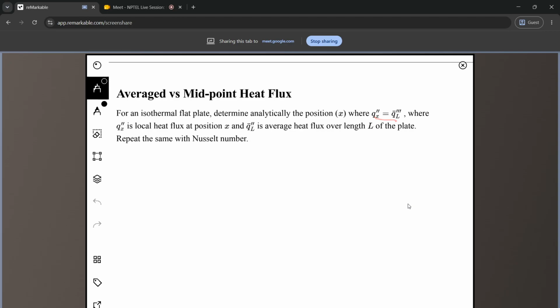So for an isothermal plate, we have the Nusselt number equation given by this, which is the local Nusselt number. Now we define two quantities, Qx, the local heat flux, and Q bar, the average heat flux for the total length.